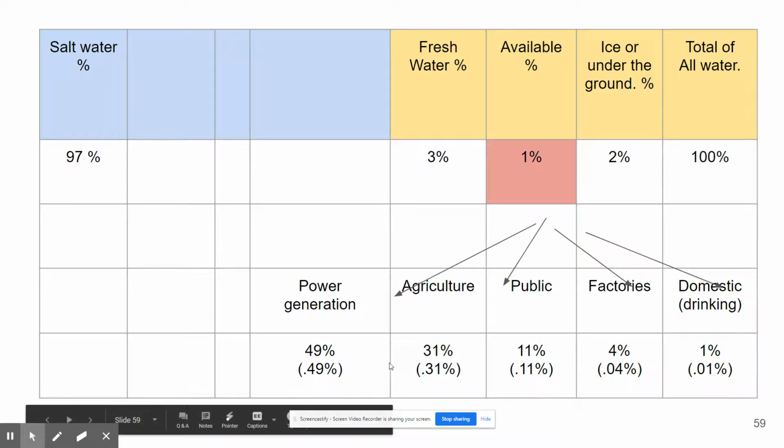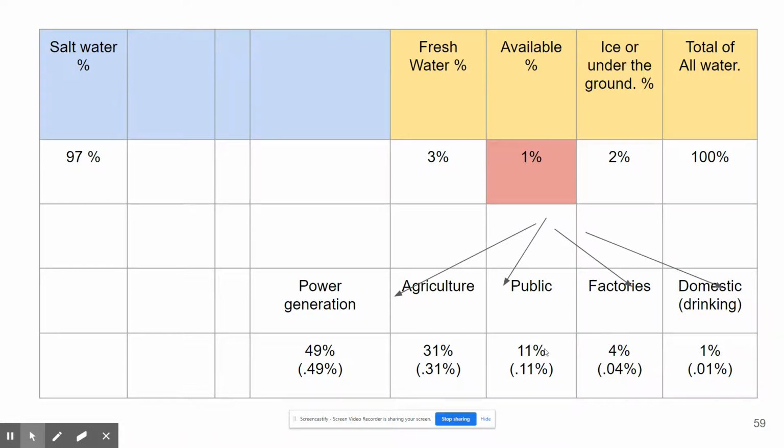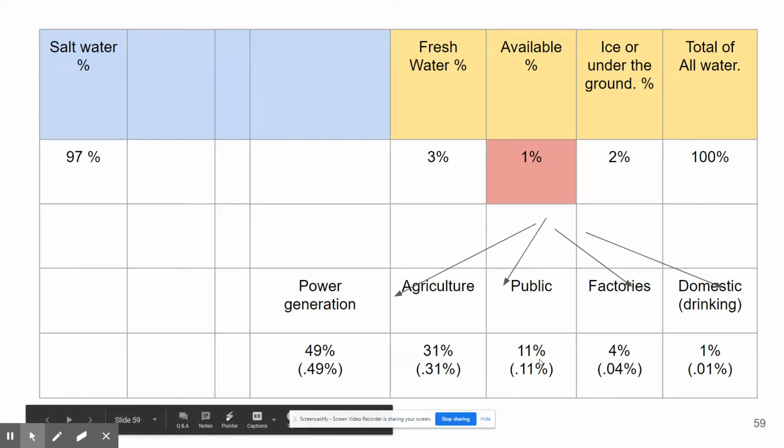So if I look at these two numbers, now 80% of all of this fresh water is being used up. And then if I take out another chunk, 11%, now we're up to 92% of all the fresh water that we have access to is used for public use.